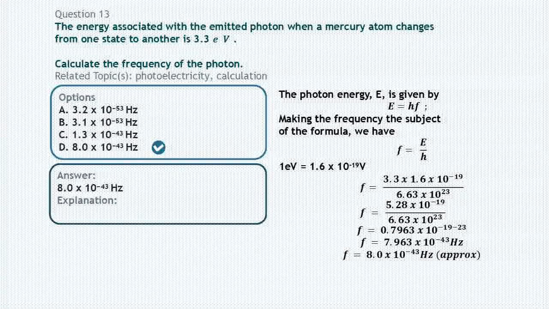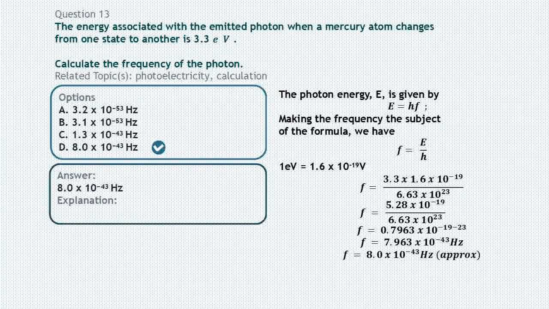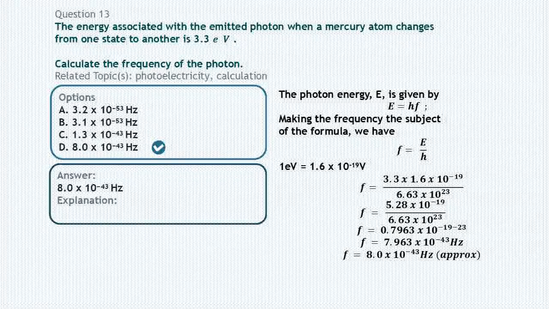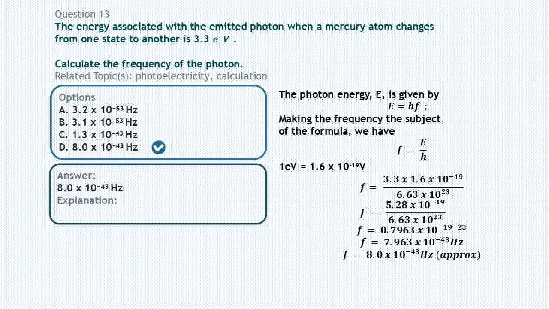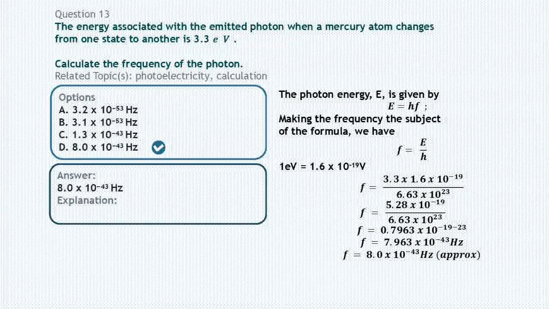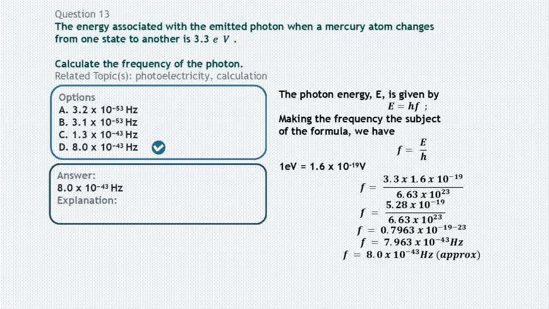Now 1 electron volt is 1.6 times 10 raised to the power minus 19 joules. The photon energy for the mercury atom is 3.3 electron volts, so that will be 3.3 times 1.6 times 10 raised to the power minus 19.